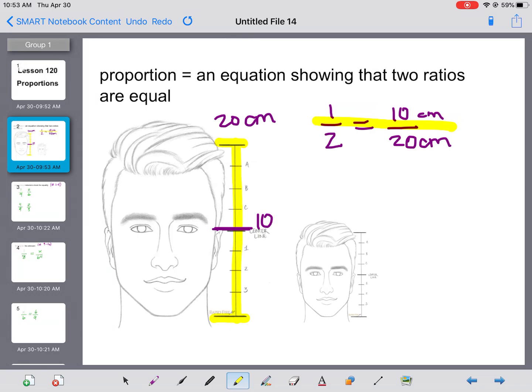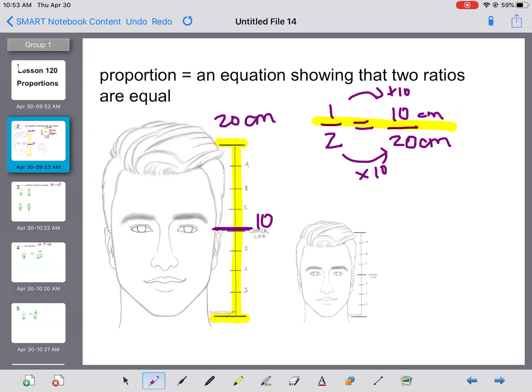This is an example of a proportion, an equal ratio. 1/2 is equal to 10/20. All right, so you can think about it just like an equivalent fraction, right? You multiply by 10, you multiply by 10, and you end up with an equal ratio. So the face is proportionate.